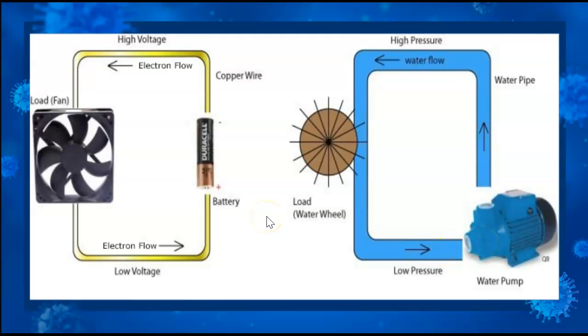Now this is why you'll sometimes see voltage referred to as electric potential, because that energy that has been given to electrons when they pass through the battery has the potential to be used to turn a wheel, just like the energy that is given to water from a water pump is also called potential energy. Now, if you happen to take a senior level physics course, you'll learn about what is called kinetic and potential energies.